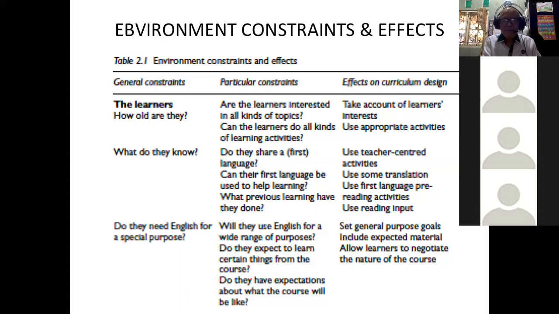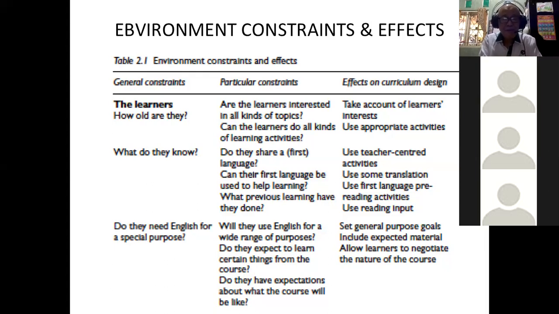If you want to deal with another group of learners, for example, adult learners in the private courses, in the kursus, you may also consider that. Or you may choose one group of learners other than senior secondary school learners, for example, adult learners, or younger learners, young children, but they are in the private course.